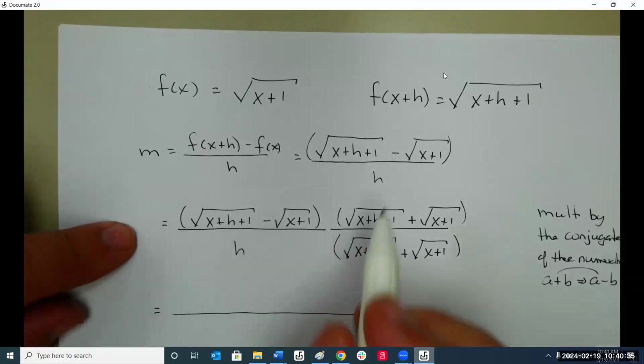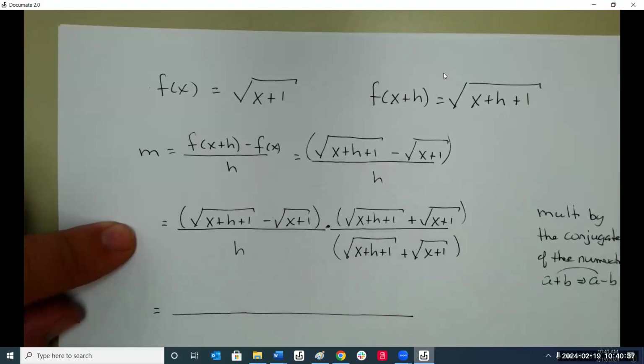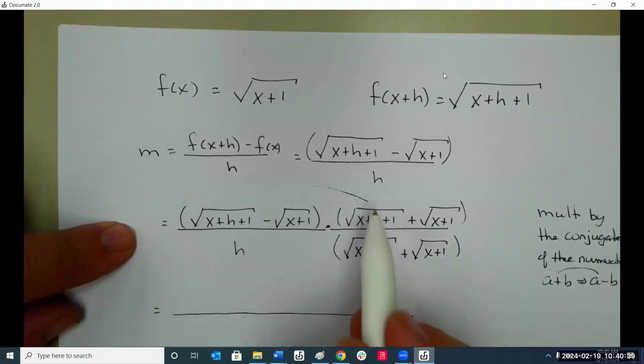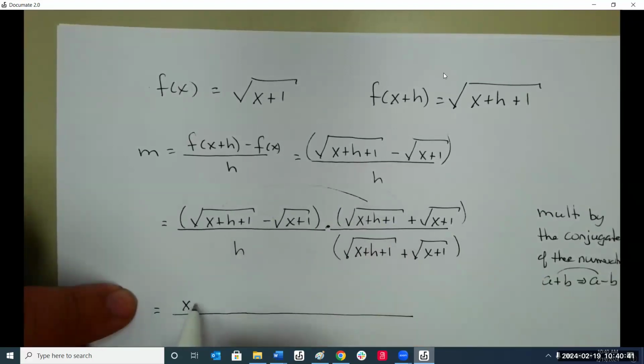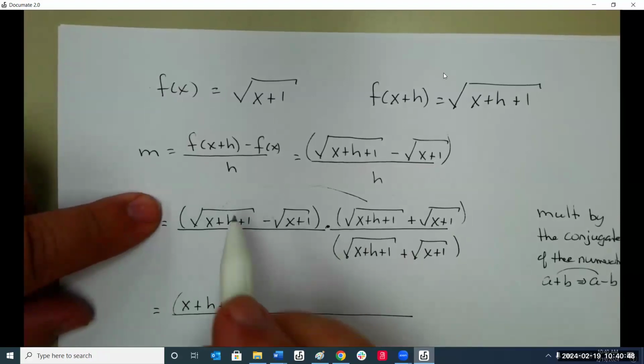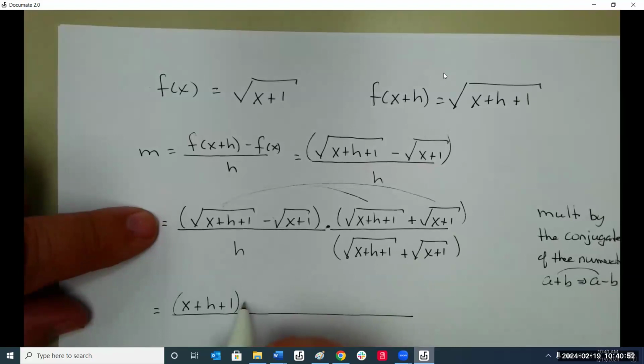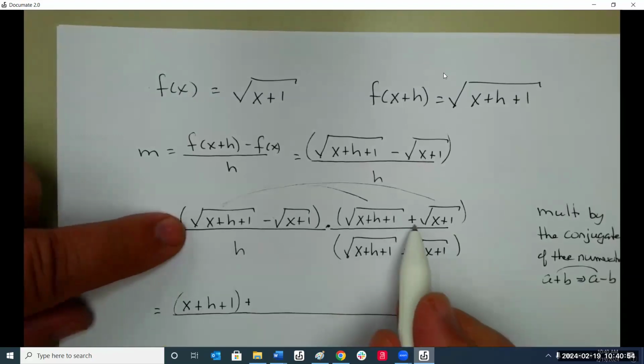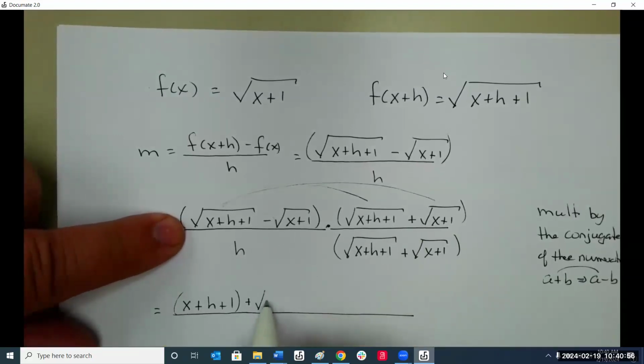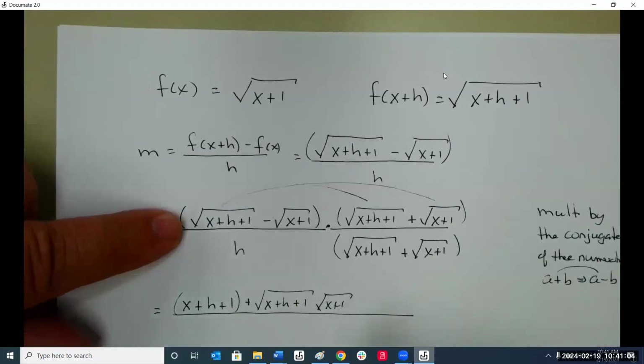So the top we have to multiply, because this is multiplied. Radical times a radical is just what's inside there. This radical times that radical, positive times positive is positive x plus h plus 1 times x plus 1.